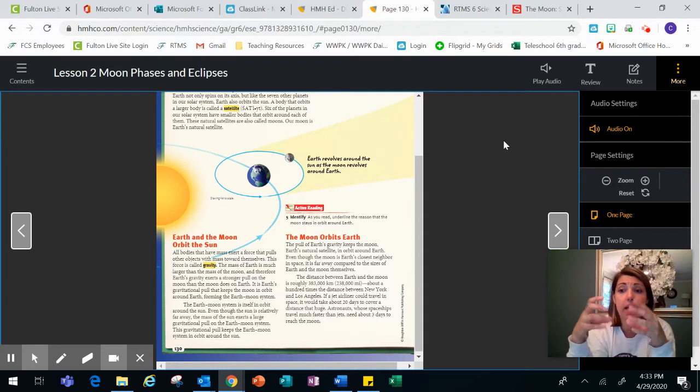Our moon is held in orbit by gravity. And so here's what happens. We only ever see the same side of the moon from Earth. Because if this is Earth right here, and let's say my palm is one side of the moon.